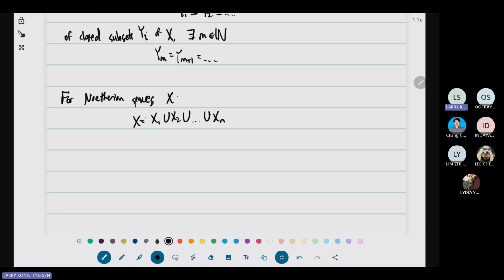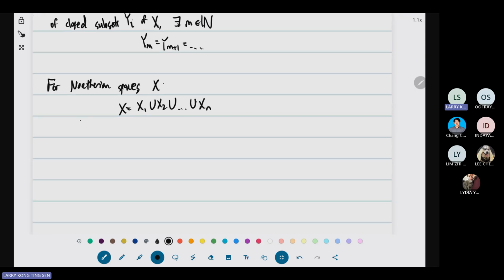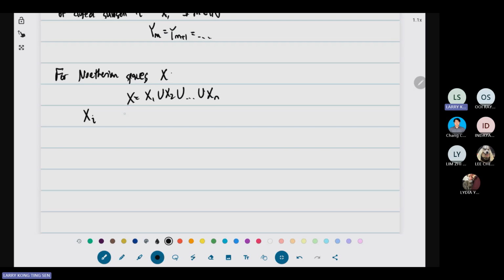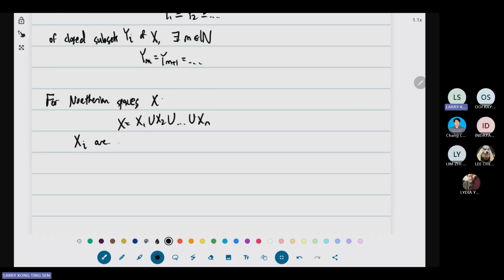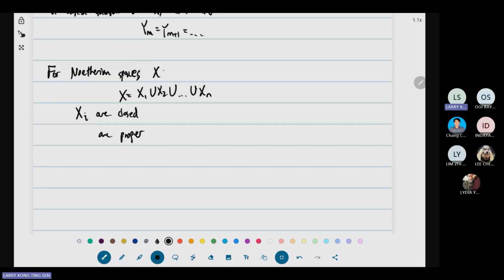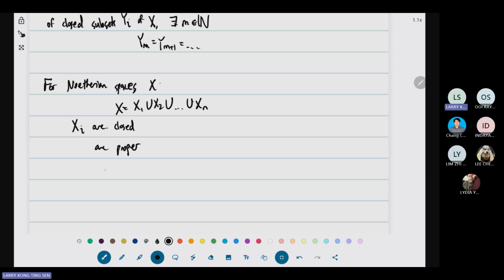That means it can be written as X1 union X2 until union Xn, where each of these Xi are closed, are proper, and they are maximal in the sense that it is not a subset of some larger closed subset of X.